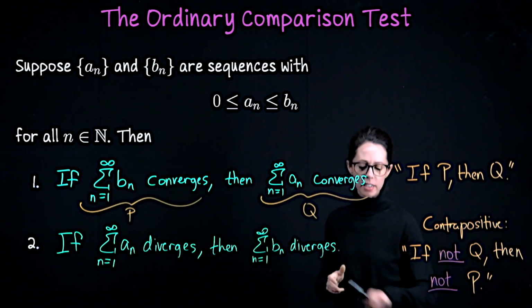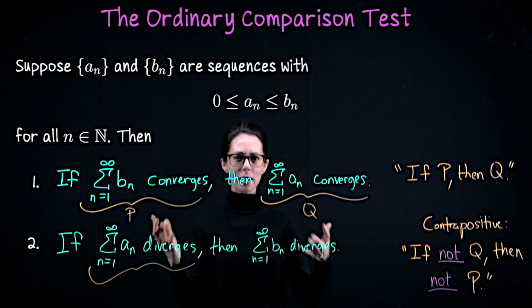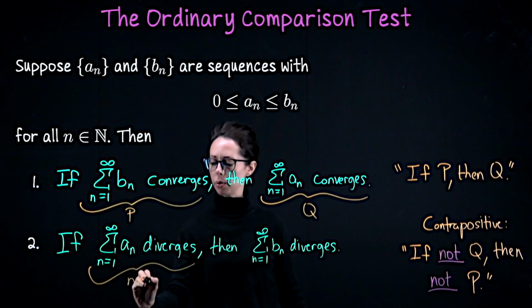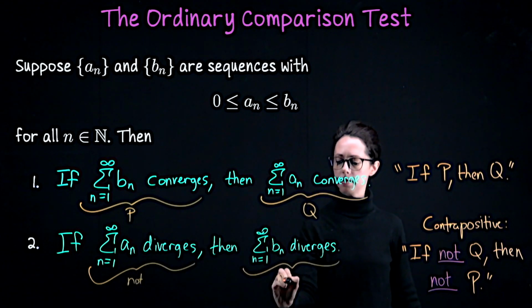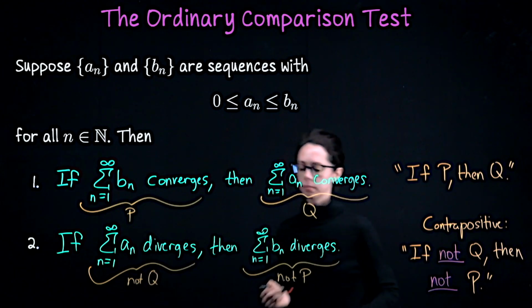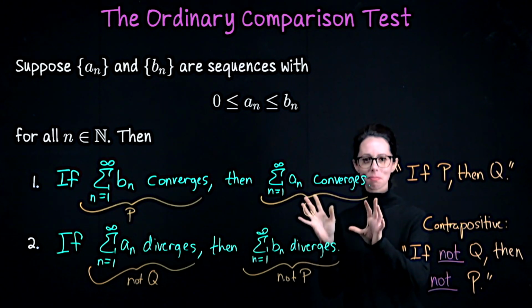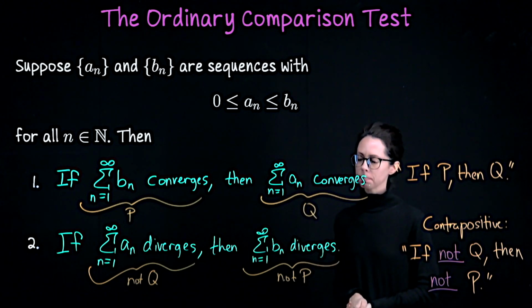So both of these are tests in their own rights, meaning that it's worth having both of them as statements on hand. So this is not Q, it's not P. So I would really remember both of these statements as they're written.